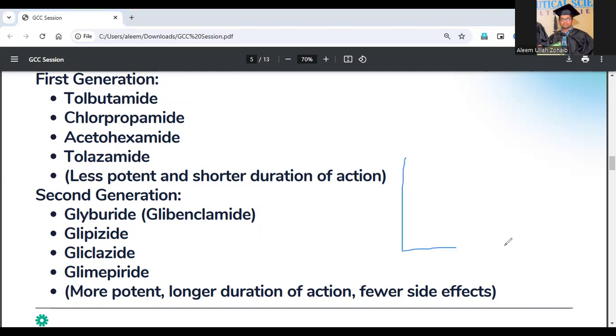Like, this is the therapeutic effect, and these are the doses. The first drug that is less potent has more dose. The more potent drug requires less dose.